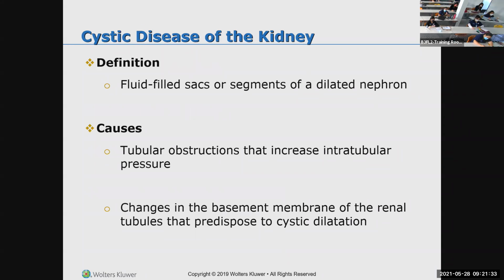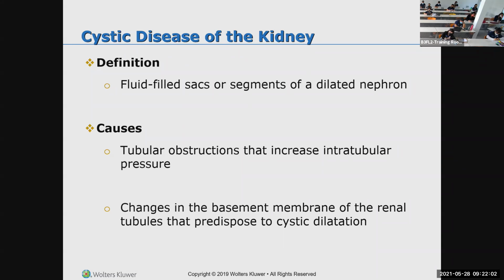Now, cystic disease of the kidney, this is another broad heading. Cystic disease of the kidney. What do you mean by cystic? The definition is a fluid-filled sac. Please remember, a cyst is a fluid-filled sac or segment of dilated nephron or renal tubules.